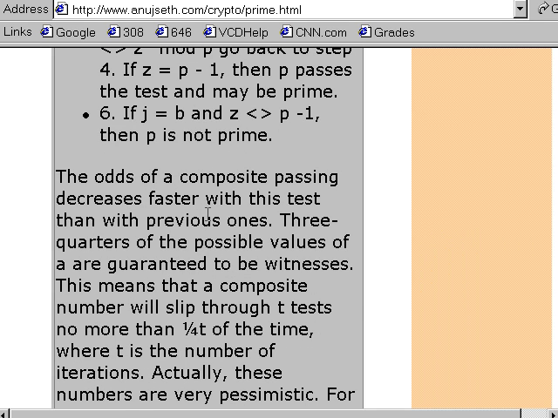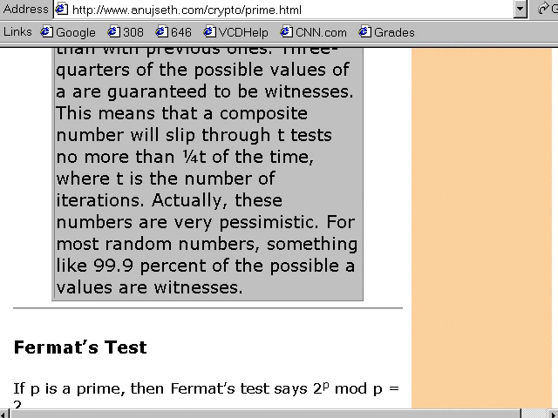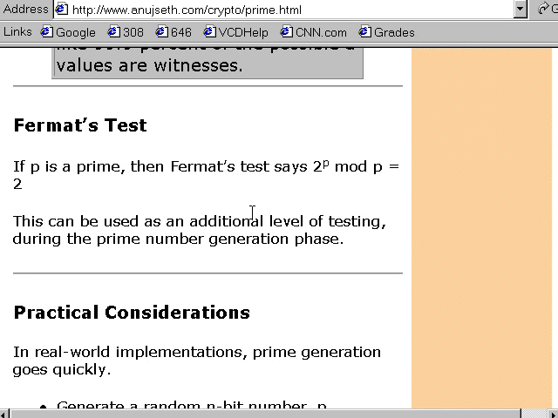Now the odds of a composite number passing these tests decreases pretty quickly, and in fact you can refine the test and actually come up with confidence intervals. There's a refinement called the Fermat test that says if p is a prime, then 2 to the p mod p is 2.